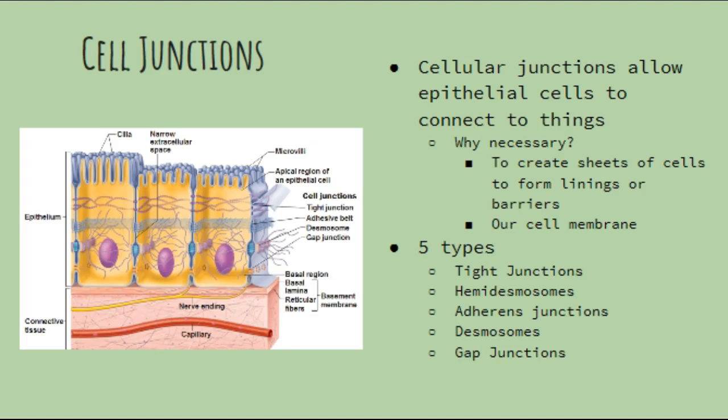This is a pretty good illustration because it shows the epithelium, it shows the connective tissue, and it shows how the cell junctions are used to hold together those epithelial cells so that they form a nice tight layer.